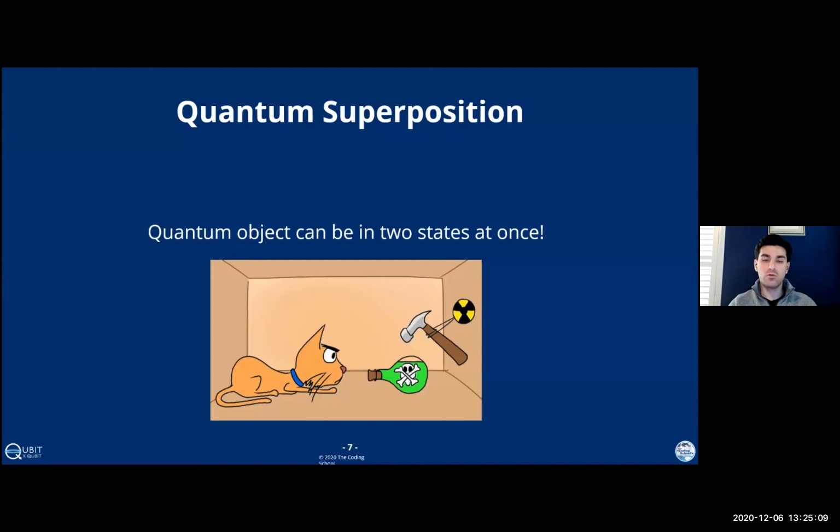The question is, is the cat dead or alive while the box is still sealed? We said the cat is in a superposition of both dead and alive at the same time until we open the box, which is called a measurement, and we'll get to that in a little bit. But the general point is that in quantum mechanics, objects can be in a superposition of two states at once.